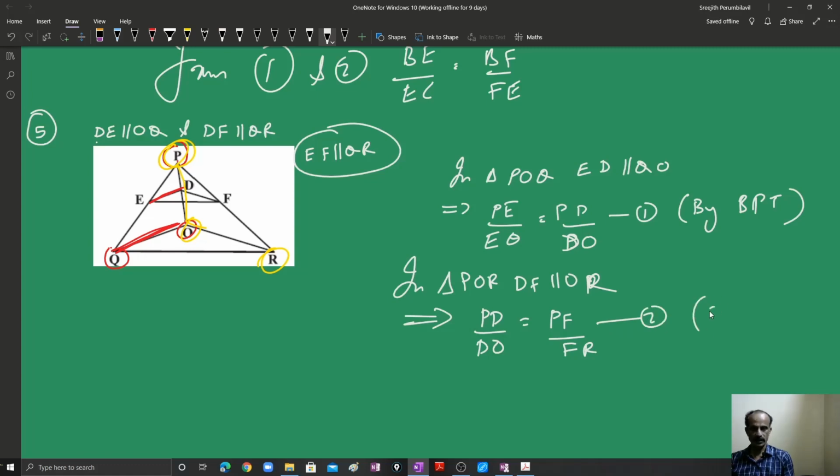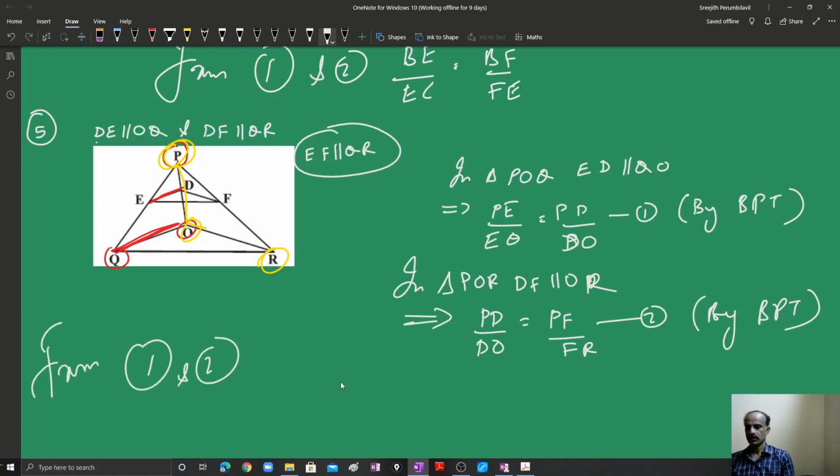Relation number 2. Why? By BPT. What is the reason? BPT. Now from 1 and 2, what happens? PE by EQ is PD by DO, and PD by DO is PF by FR. So what comes to this and that comes to this. Therefore, these two are directly equal. So PE by EQ is equal to PF by FR.